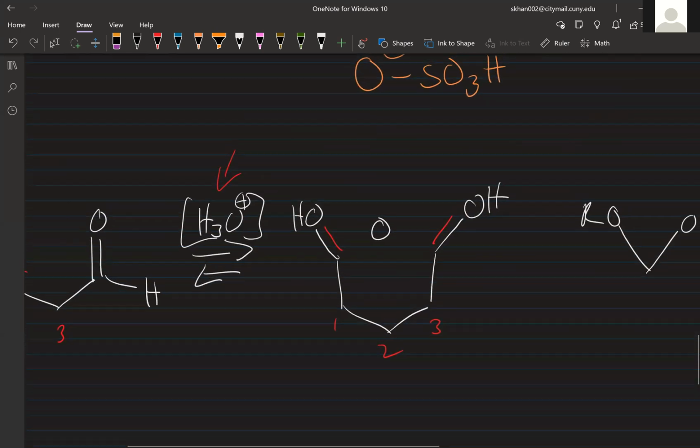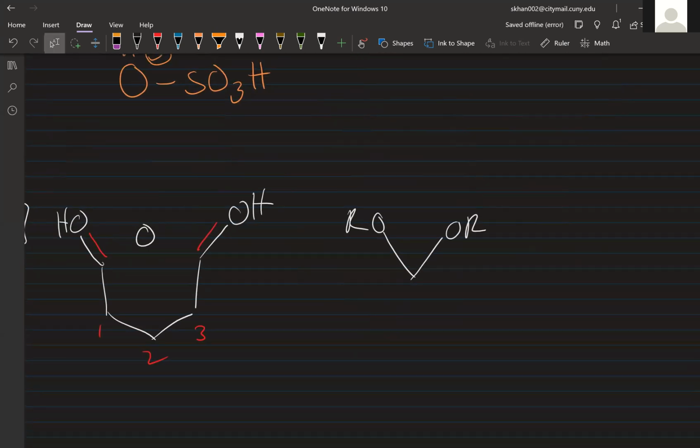So, just to write that here: hydrates. So these are hemiacetals. I'll just write it on the side for future notes. This is OH, OR. So this is acetal, hemiacetal. And which one are we missing?